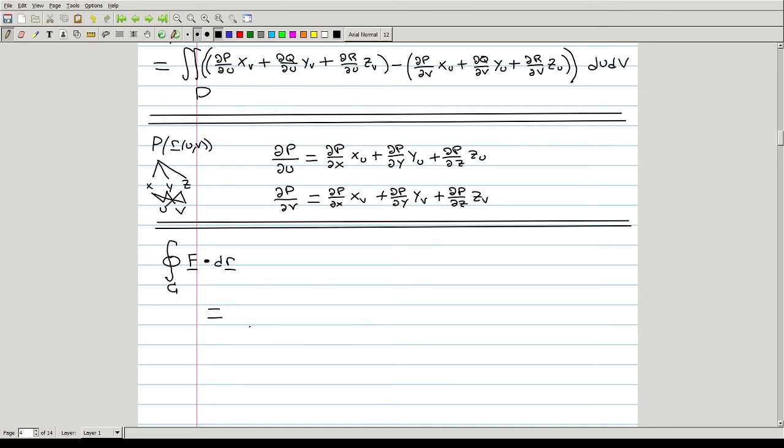So when we plug this in, this is going to be the double integral of dp/du, which is partial p partial x times xu plus partial p partial y times yu plus partial p partial z times zu, all of this times xv.